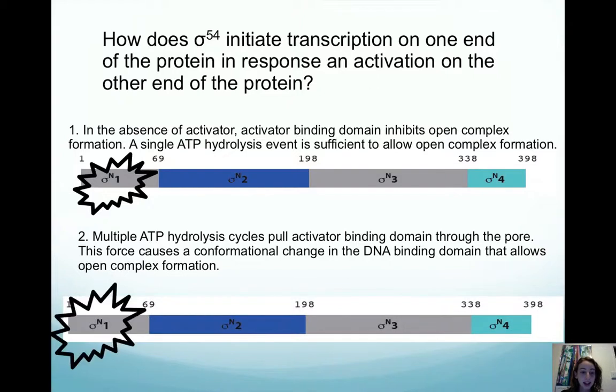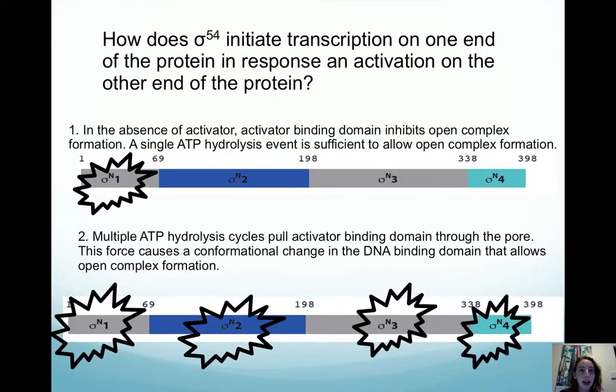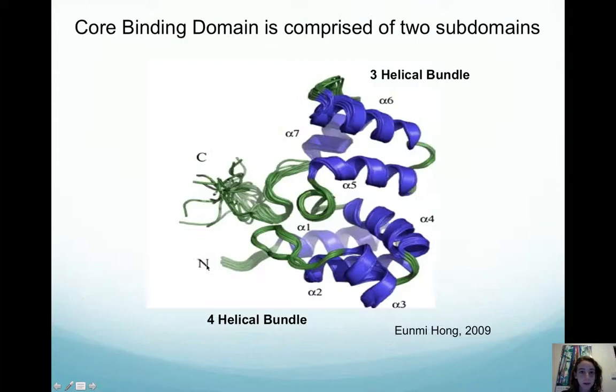The second idea is that ATP hydrolysis cycles of the activator cause the activator binding domain of sigma 54 to be pulled through the pore in the activator, which will tug the rest of sigma 54, and as a result, the protein will shift into open complex. And my project is looking a little deeper into this second hypothesis and testing it out, so keep that in mind.